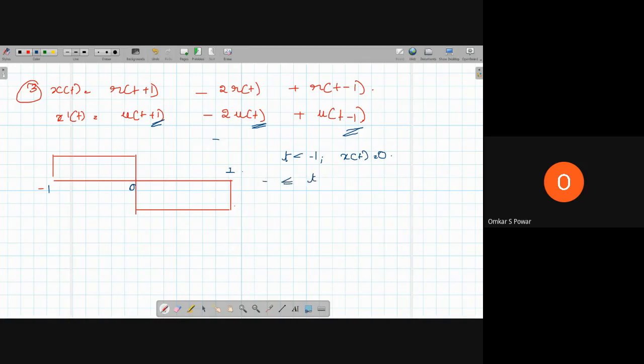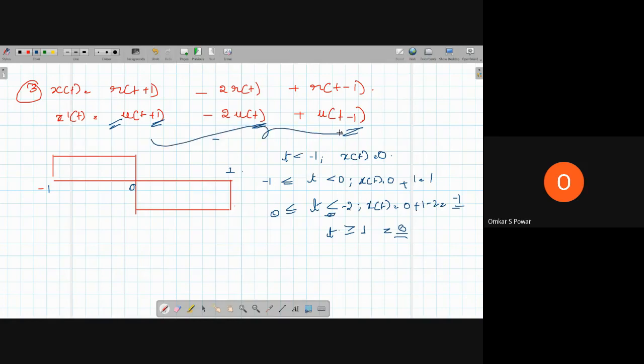For t from minus 1 to 0, x of t is equal to 0 plus 1, which is 1. Then t lies between 0 and 1, x of t is equal to 0 plus 1 minus 2, which is equal to minus 1. Then t greater than or equal to 1, it is equal to 0. So using the technique I have solved previously, we will get this one.